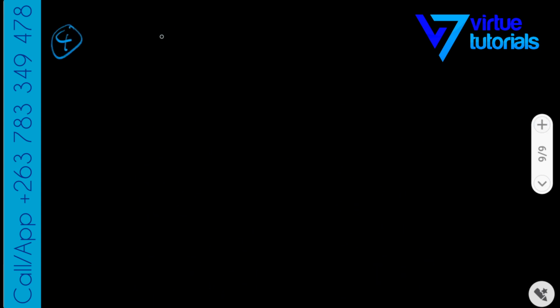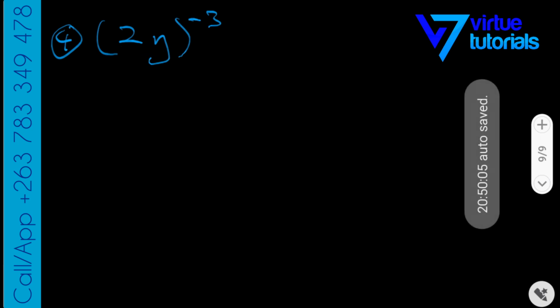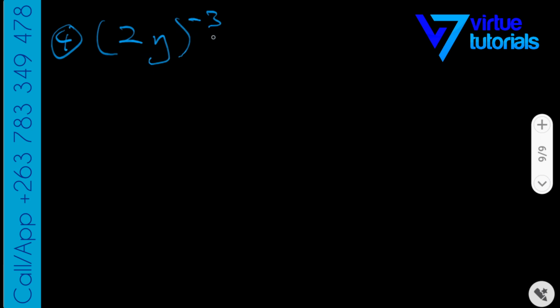If we have something like this, however, (2y) and then to the power minus 3, as you can see now I've introduced brackets. These brackets mean that the power affects everything inside the brackets. So both 2 and y are affected by the power minus 3.